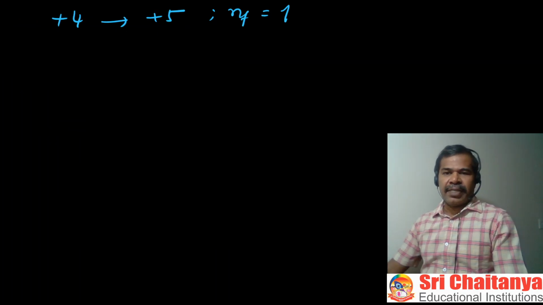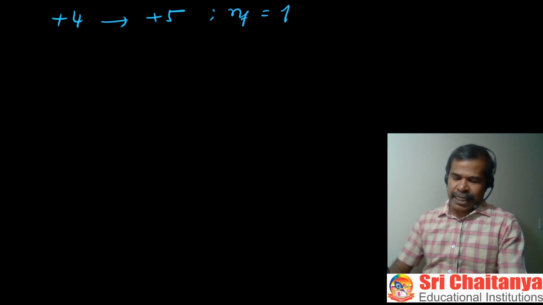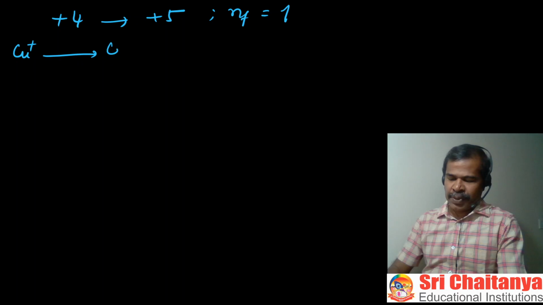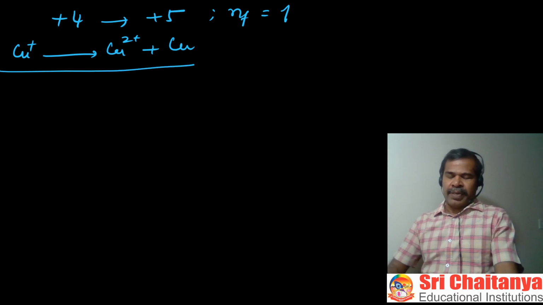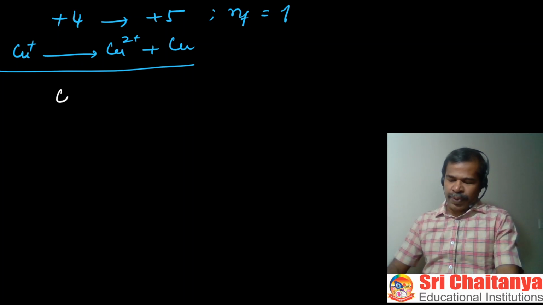Let's consider a compound undergoing disproportionation. I'll take Cu+ changing to Cu2+ and Cu. So consider this reaction. You'll find out the valency factor for copper +. How do you do it? Take Cu+ and change it to Cu2+.